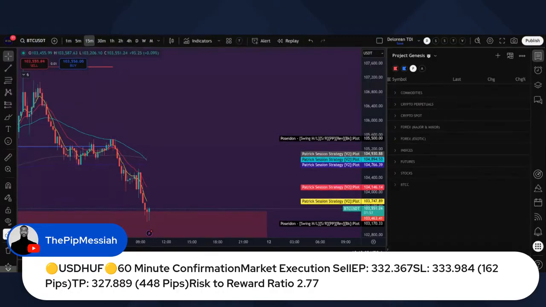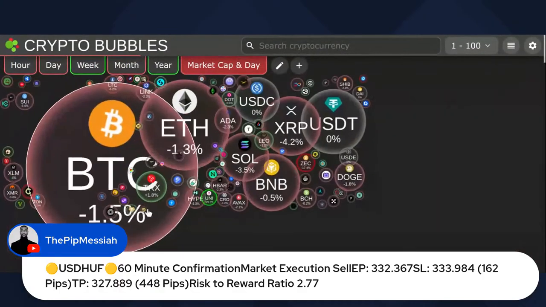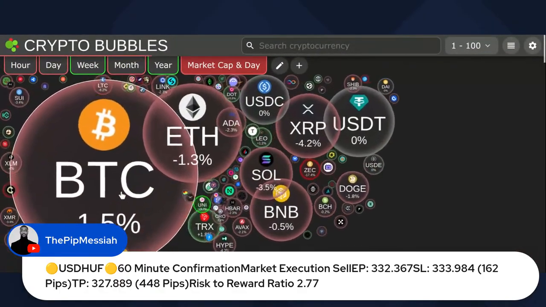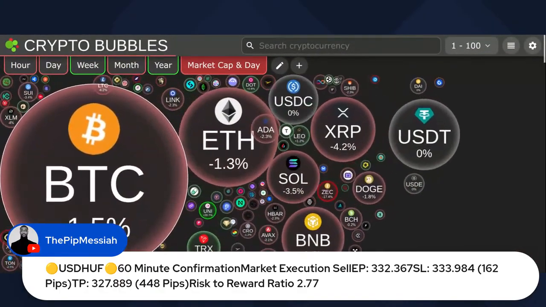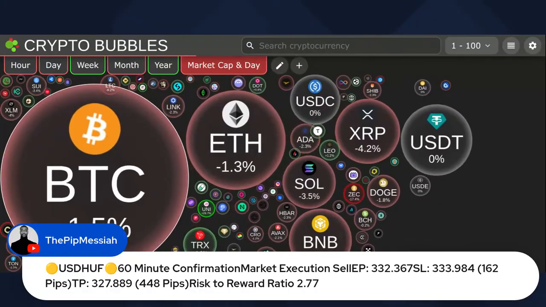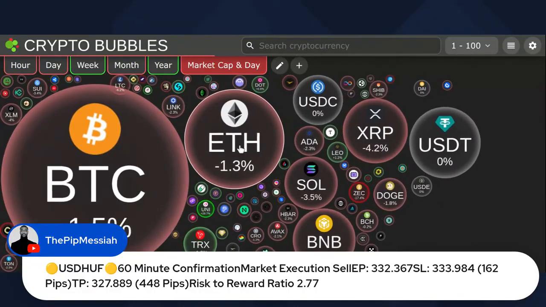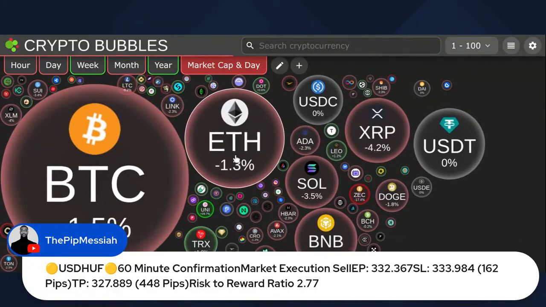Let's take a look at how money's moving. And we've got a massive dump of money coming out of Bitcoin, down 1.5% market cap for the day, followed by Ethereum.